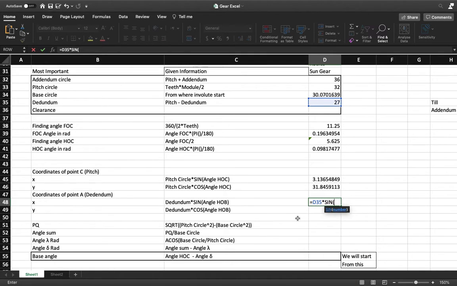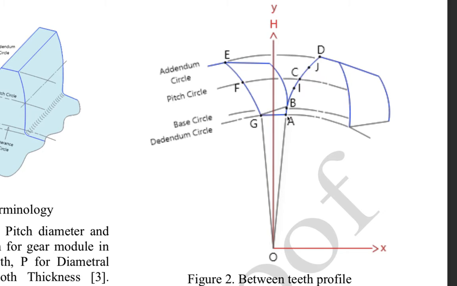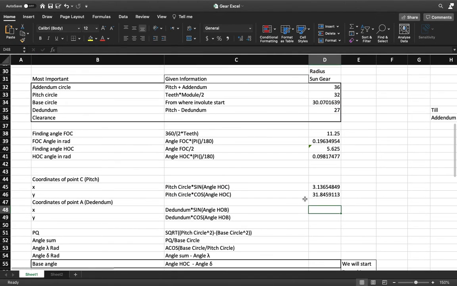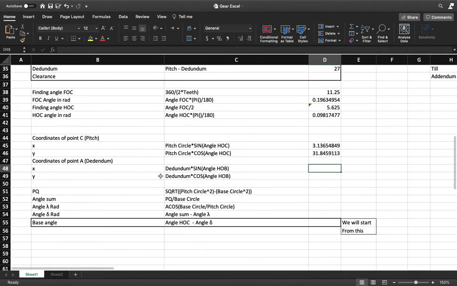Multiplied by sine angle HOB, which is, I forgot about that. Give me just one second. The angle of the base circle. We have to first calculate it from here.